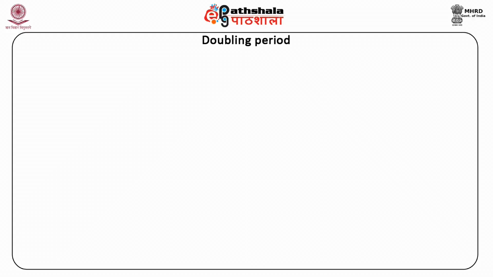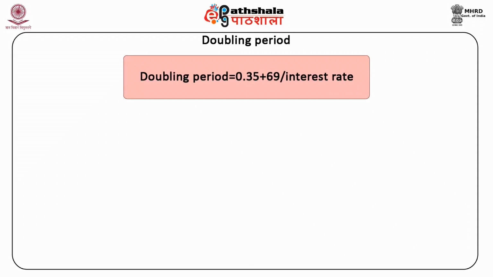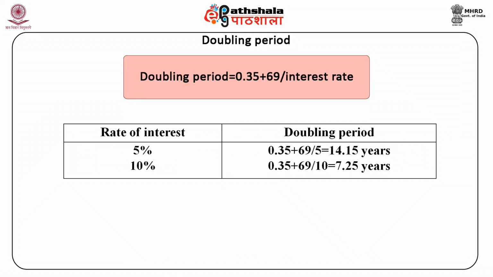Doubling period. If an investor wants to know the time period required for the amount invested to be doubled for a given rate of interest, then the following formula has to be used. Doubling period is equal to 0.35 plus 69 divided by the interest rate. Example: below is the calculation of doubling period for two rates of interest.